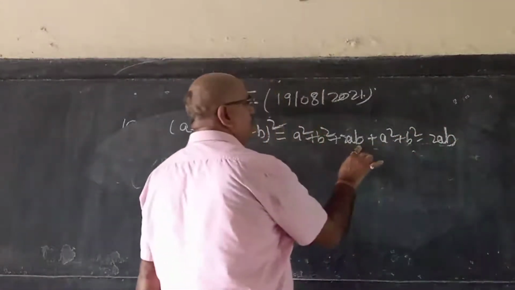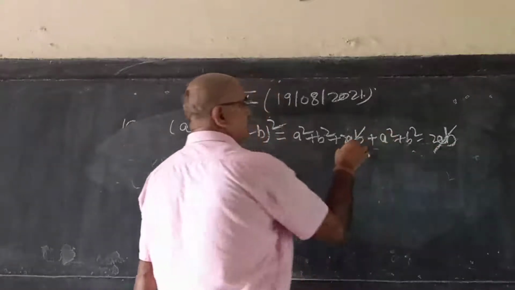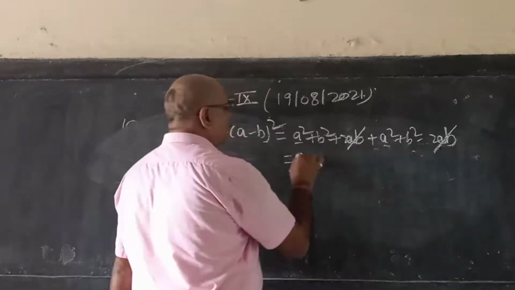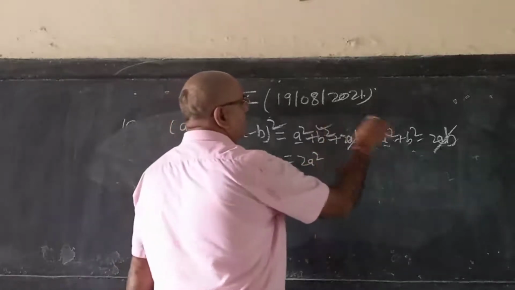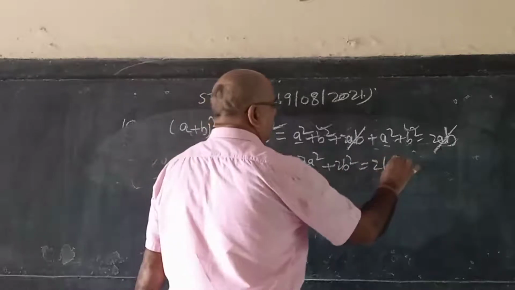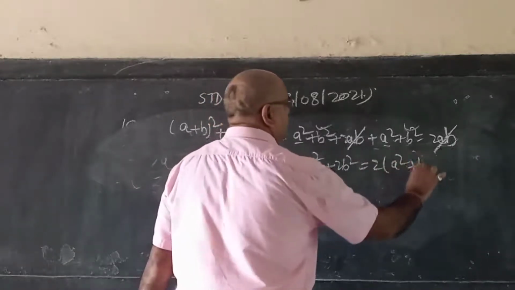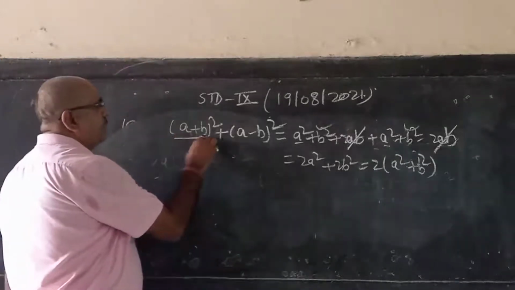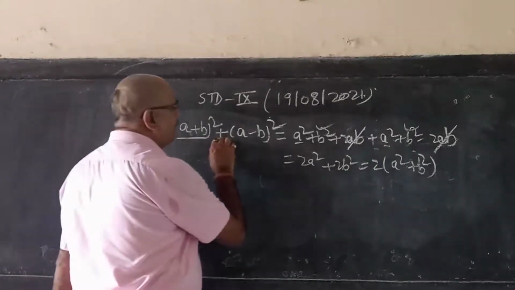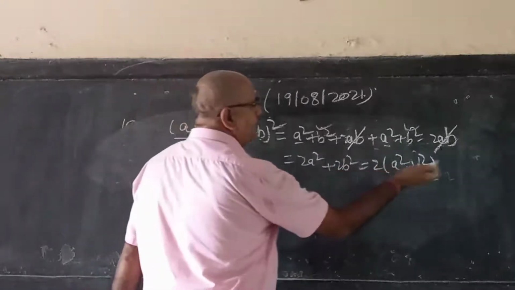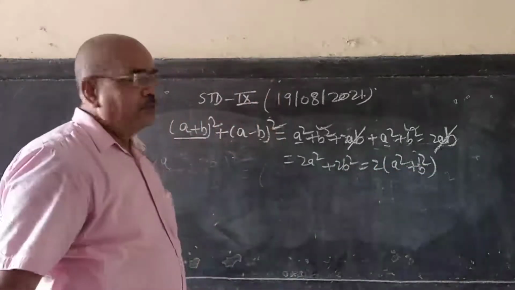So this is plus 2ab and this is minus 2ab, cancel. What is it? a square plus a square becomes 2a square, b square plus b square is 2b square, 2 is common, left a square plus b square. This is the result when we add (a plus b) whole square and (a minus b) whole square, then the result is 2(a square plus b square).